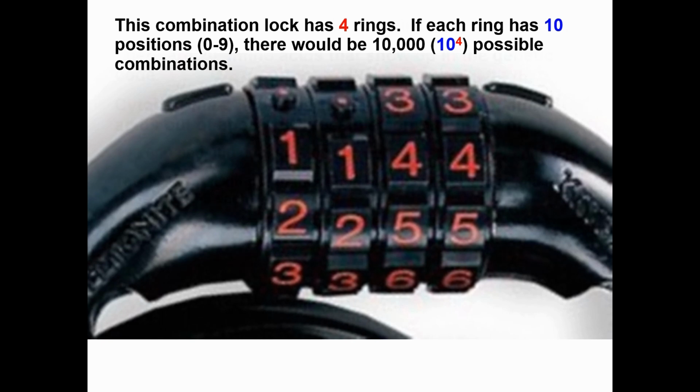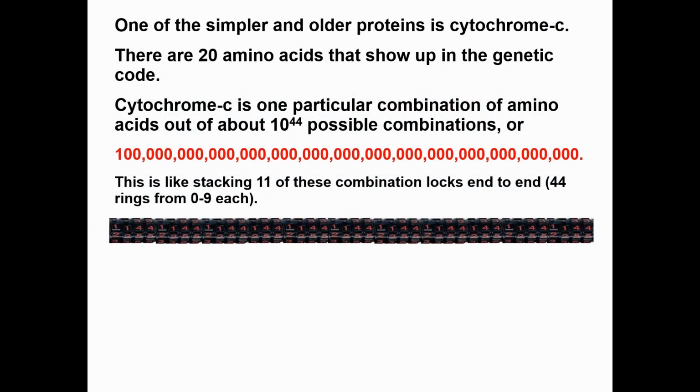rings. One of the simpler and older proteins is cytochrome C. There are 20 possible amino acids that show up in the genetic code. Cytochrome C is just one particular combination of amino acids out of about 10 to the 44th possible combinations for this particular protein.